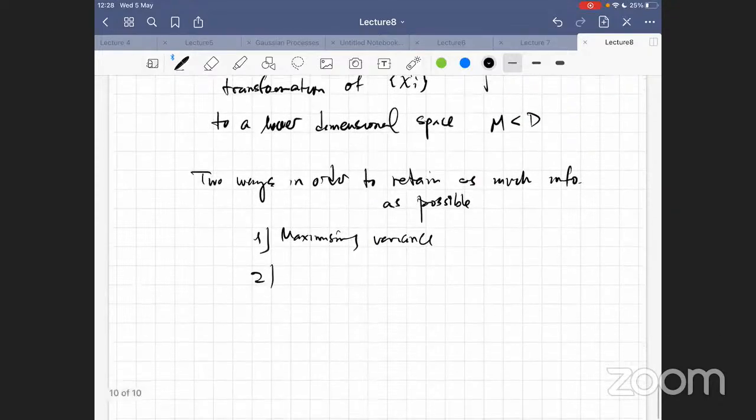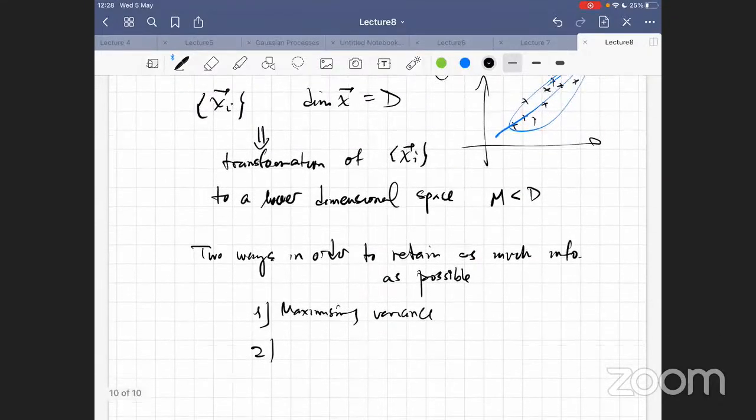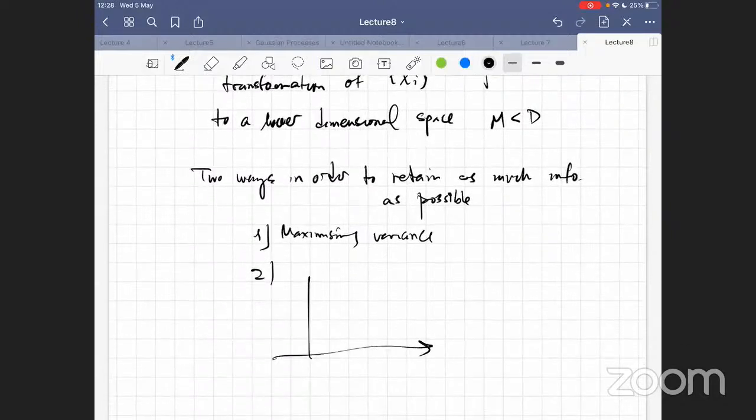And the second is, so there are two formulations of PCA. You can minimize the sum of squared distances. This point will have a distance to this axis, and I want to minimize this.